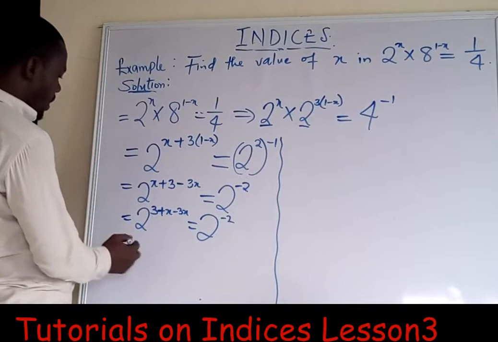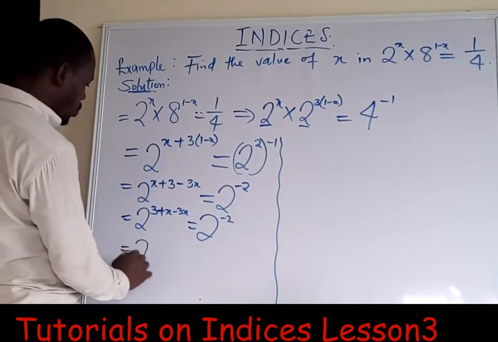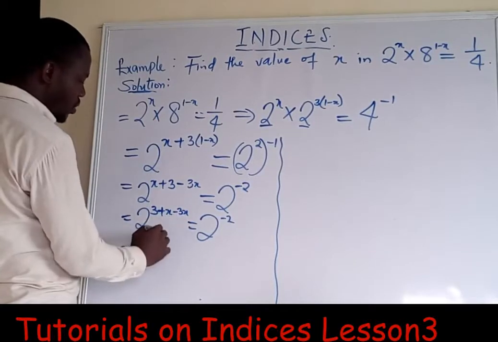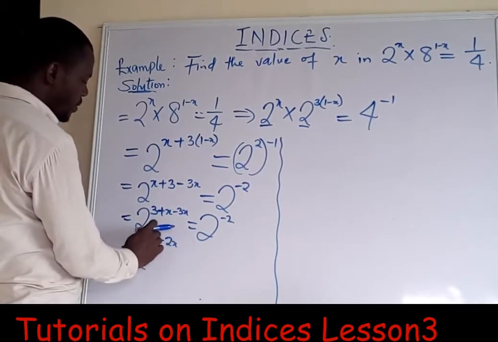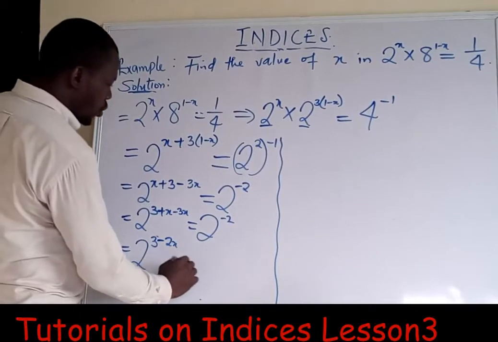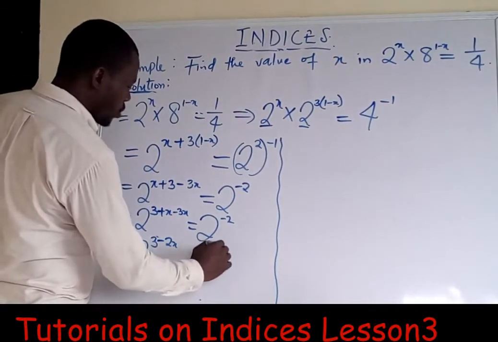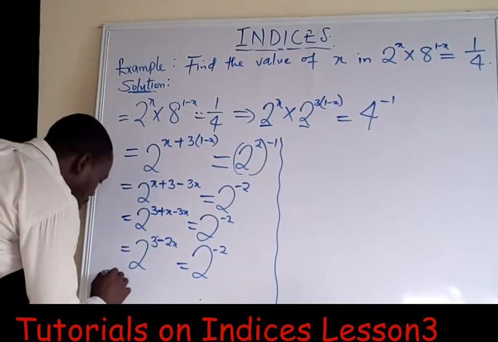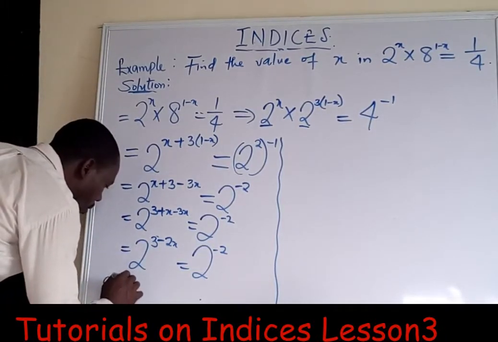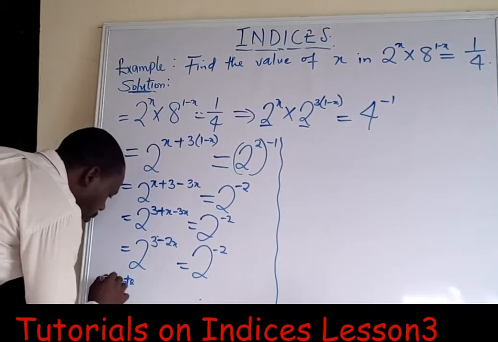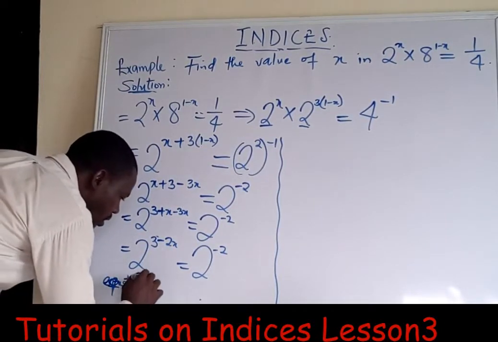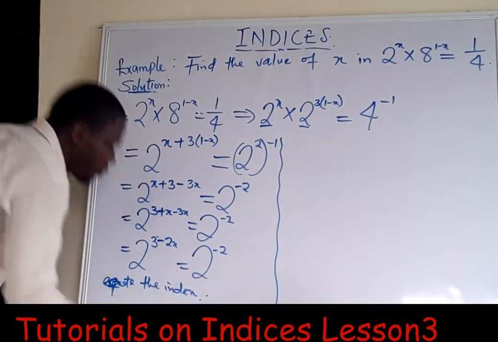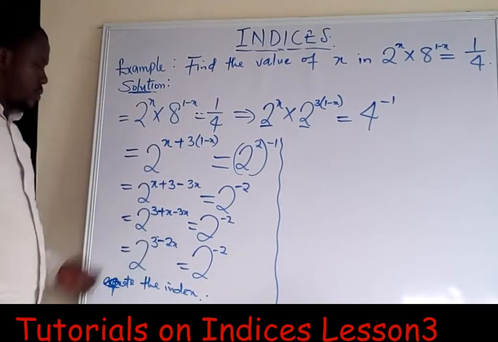So, we can say 2 raised to the power 3 plus x minus 3x will give us minus 2x, equal to 2 raised to the power minus 2. So after this level, what are we going to do now? I'm going to equate the index.